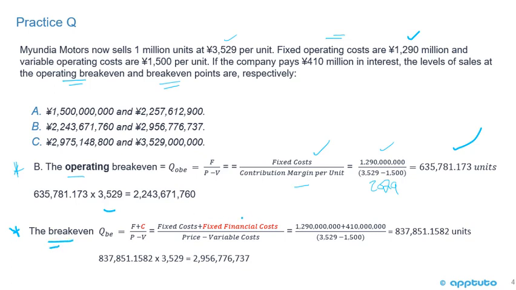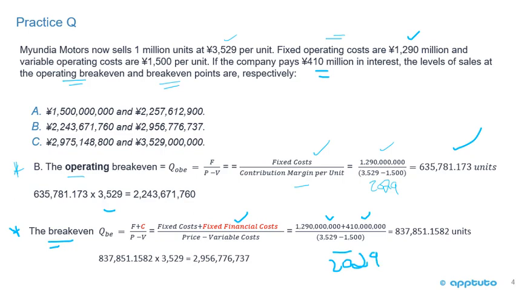With regards to the break-even, we had to add back the fixed financial cost to the numerator. So it's our fixed cost plus our fixed financial cost, and it's given to us here, 410 million in interest. So we're going to calculate 1,290 million plus the 410 million, divided by our contribution margin per unit, which was, recall, the 2029.